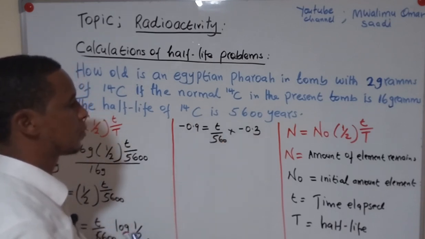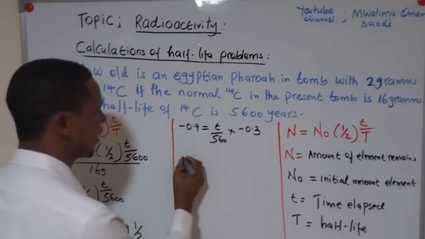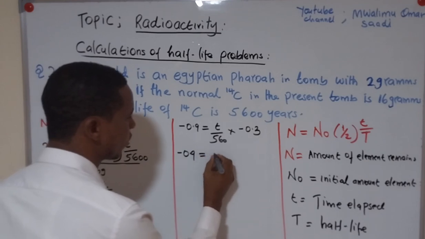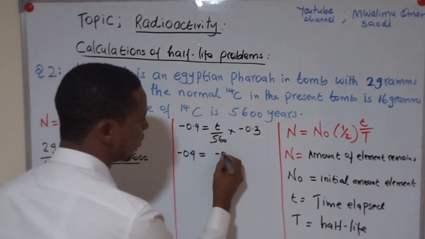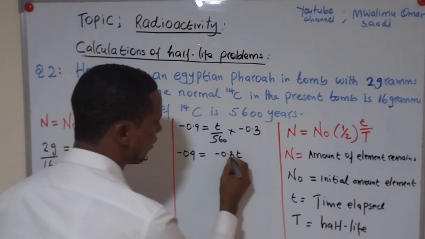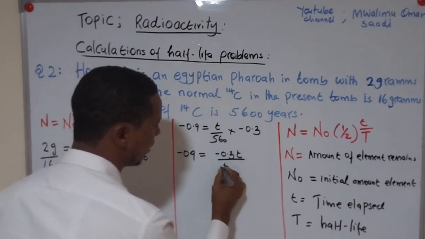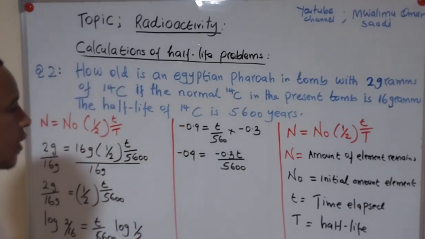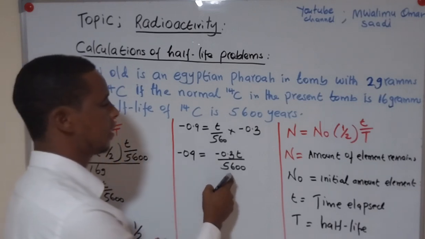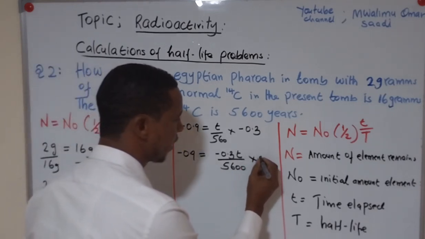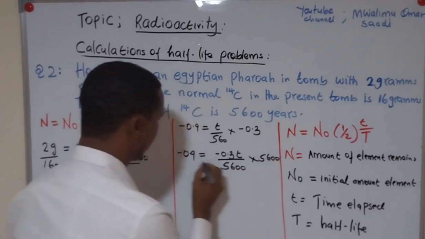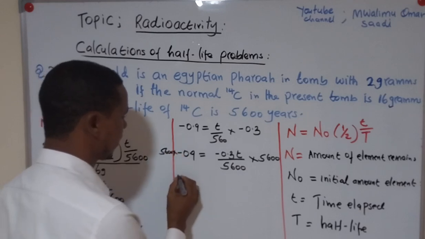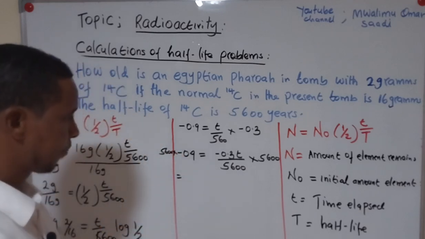t times negative 0.3 will be negative 0.3 t. So the negative 0.9 is equal to negative 0.3 t all over 5,600. So to get t, let's multiply 5,600 on both sides. So this will cancel this.